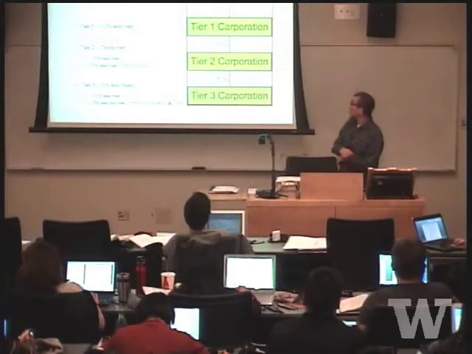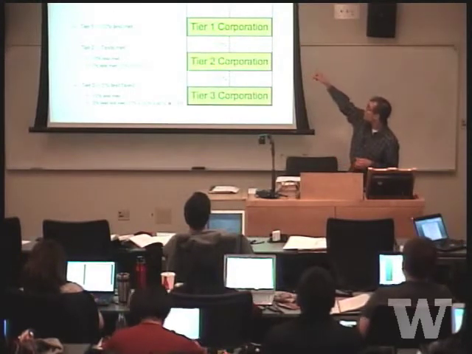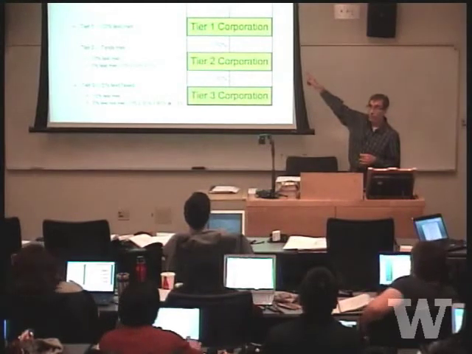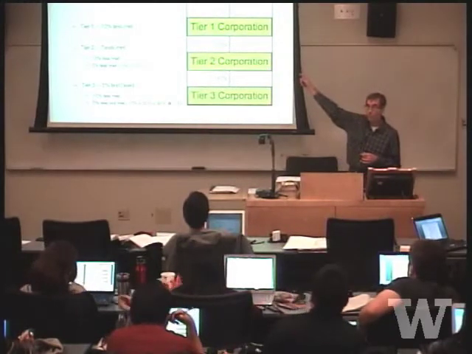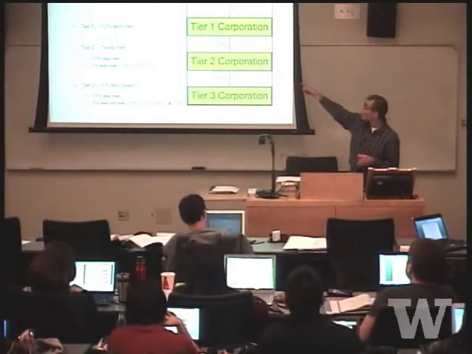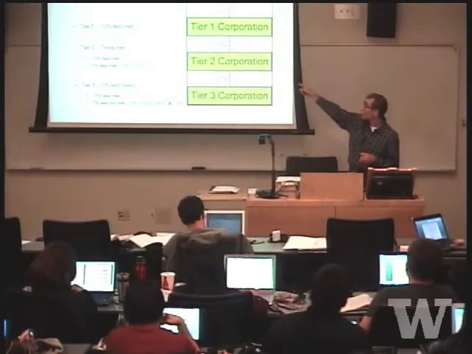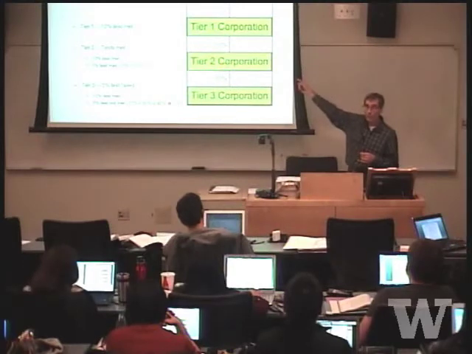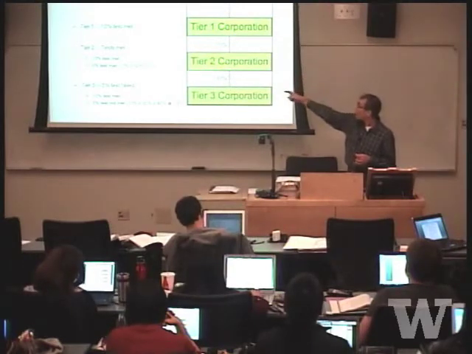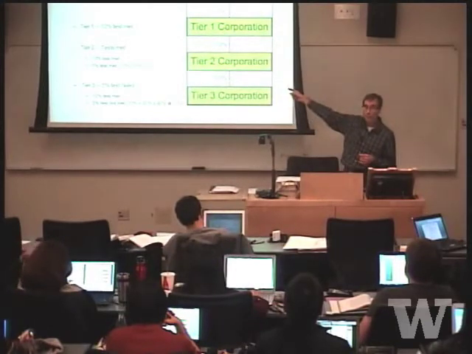Okay, so as a specific example, domestic shareholder owns 10% of a Tier 1 corporation. The 10% test is met for that Tier 1 corporation. You look at the second tier. We say that Tier 1 corporation owns 50% of Tier 2. Okay, 50 times 10 gives you 5%. So for Tier 2, both the 10% direct test is met.